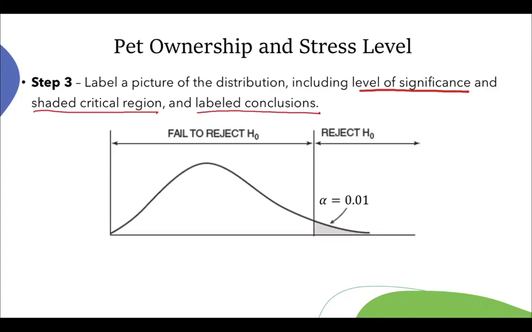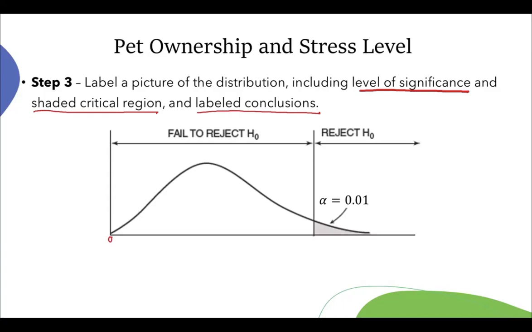So for a level of significance of 1%, we're going to shade in the topmost 1% of this curve. Now, in a chi-square test, it'll never be on the left. It'll always be on the right because there's only one direction for chi-square values. They start at 0 and they just get bigger.